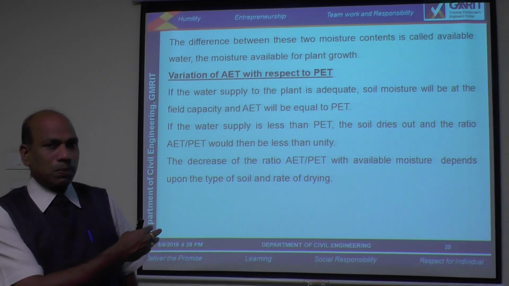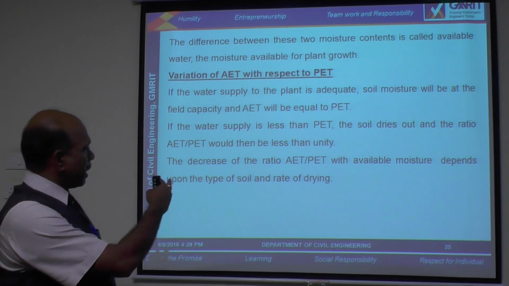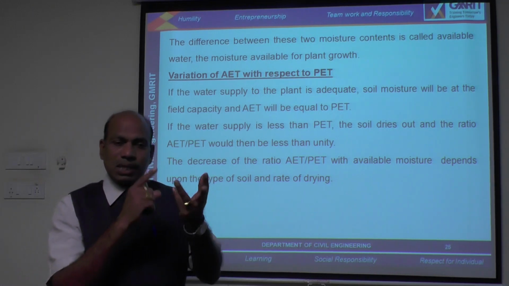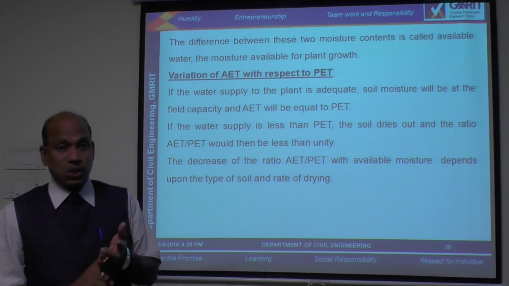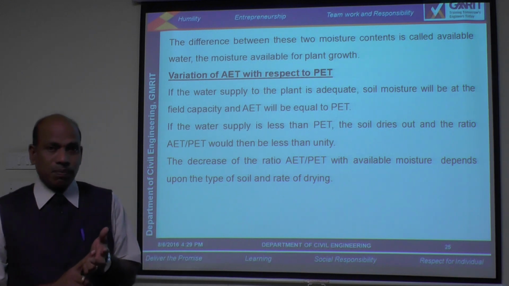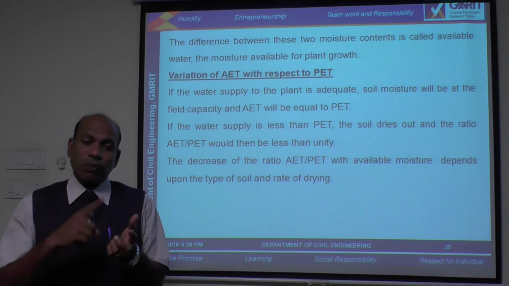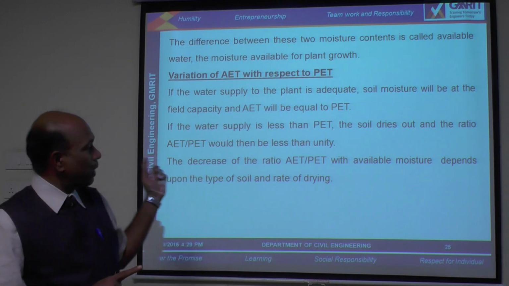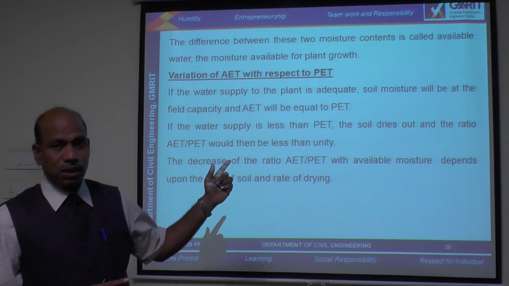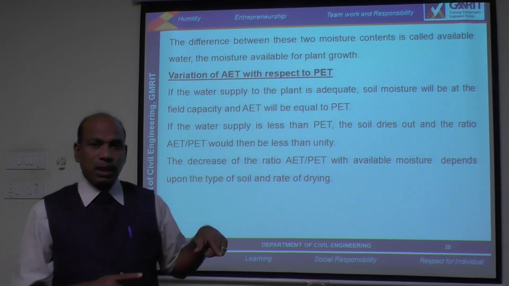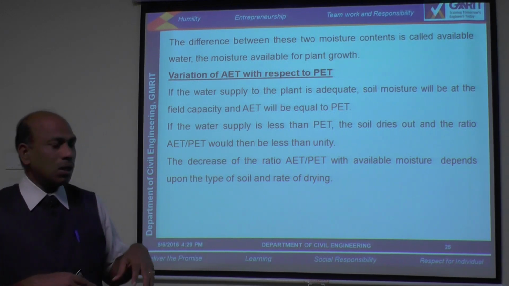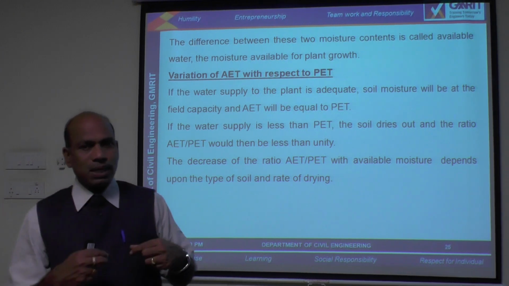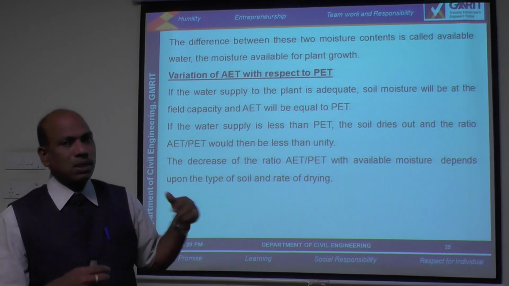Here we are going to take two soils: one is sandy soil, another one is clayey soil. In case of clayey soils, the moisture content falls down up to 50% while the AET by PET ratio stays constant. Whereas in case of sandy soils, the water content reduces to 10%, and the AET by PET ratio varies.